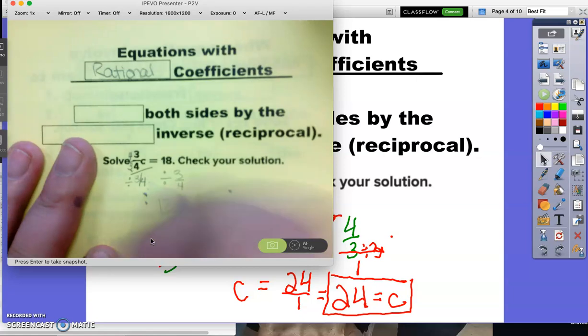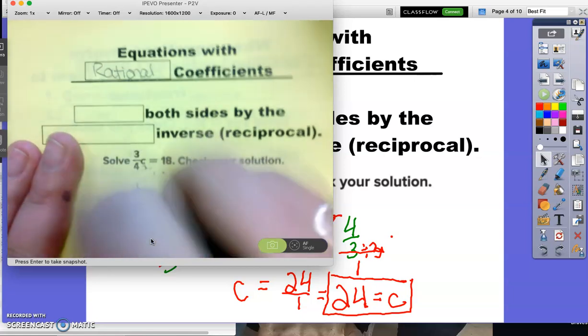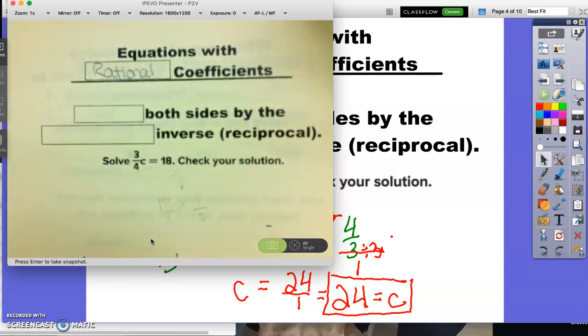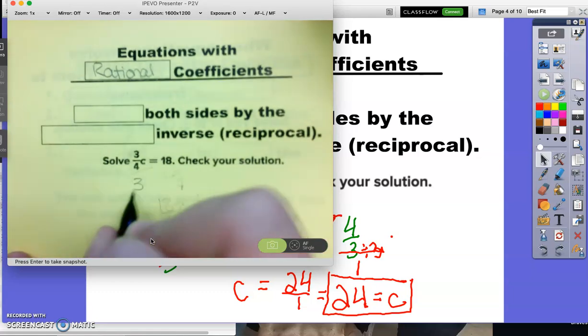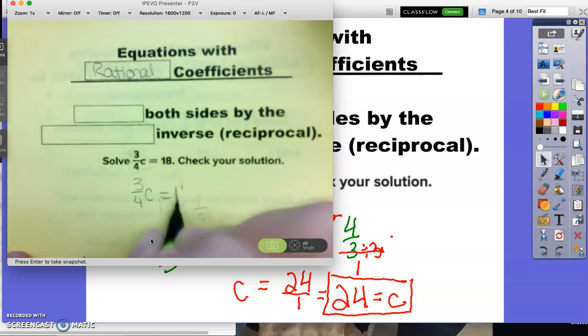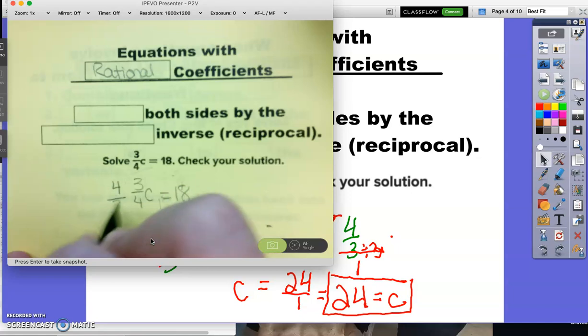So I'm going to not do all those steps, and I'm just going to multiply my 3/4 C by 4/3, because again, my goal is to get 1 C. And 4 times 3 is 12. 3 times 4 is 12. 12 divided by 12 is 1.